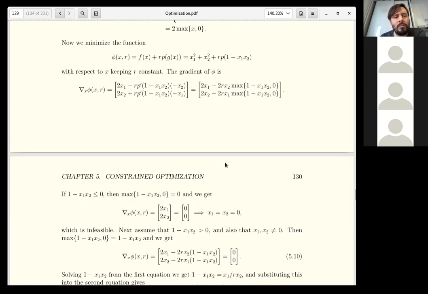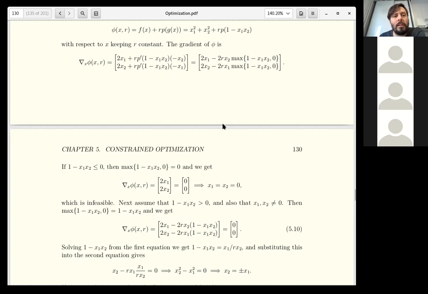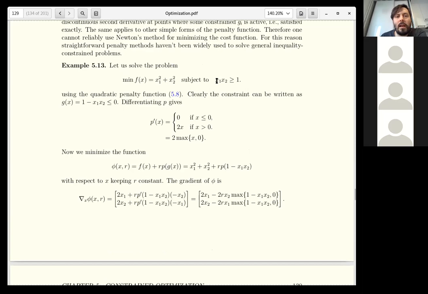We can calculate its gradient and set it to 0 analytically. Obviously, if we are in an interior point, meaning that the constraints are satisfied, then the gradient is given by 2x1, 2x2, and setting it to 0 means the gradient is 0 at the origin. But the problem is that at the origin, this constraint is not satisfied, so the origin is not an interior point of this problem.